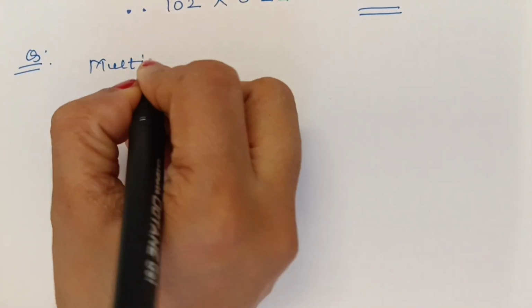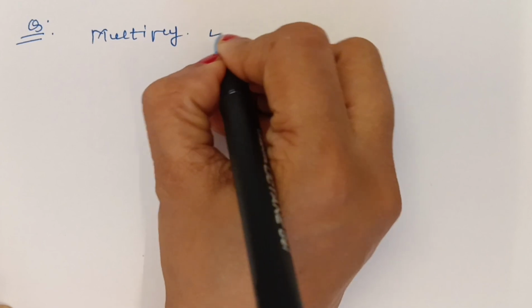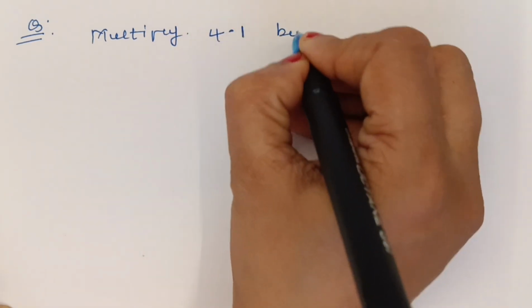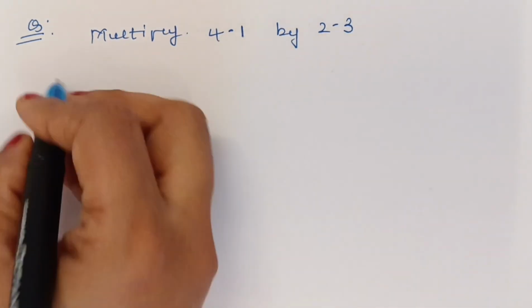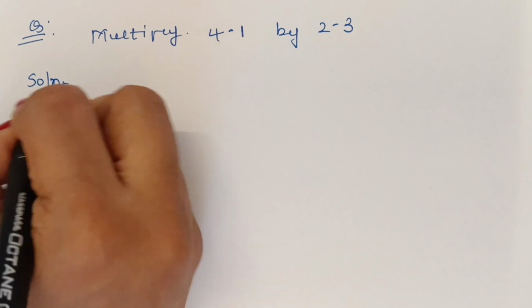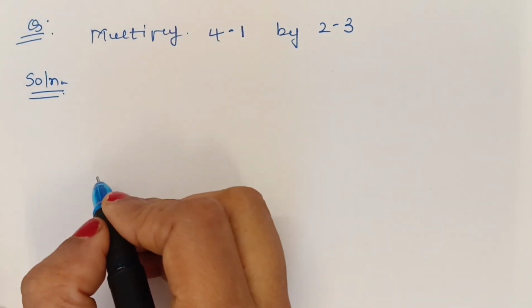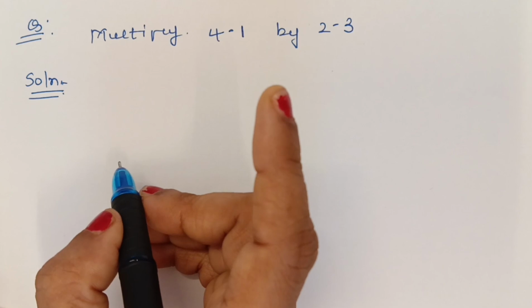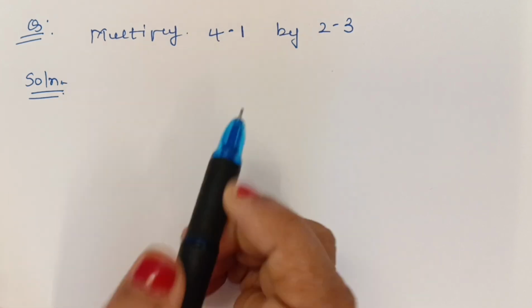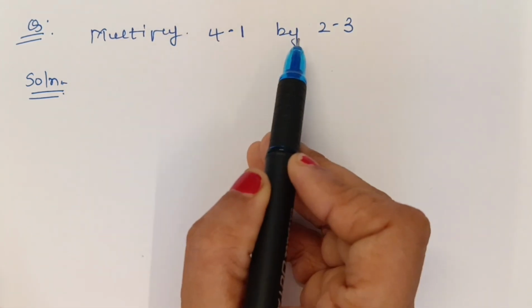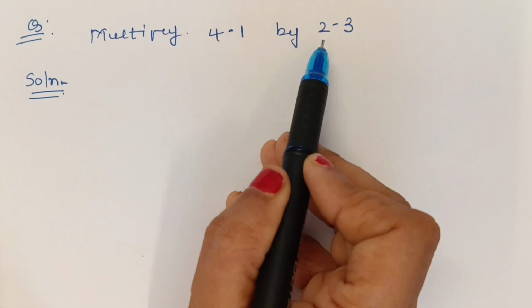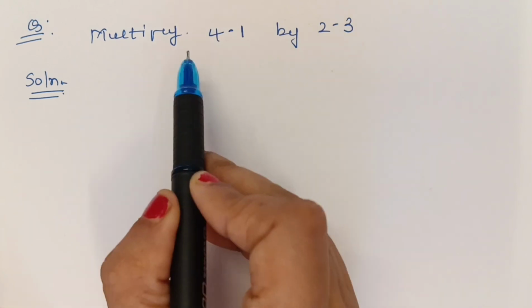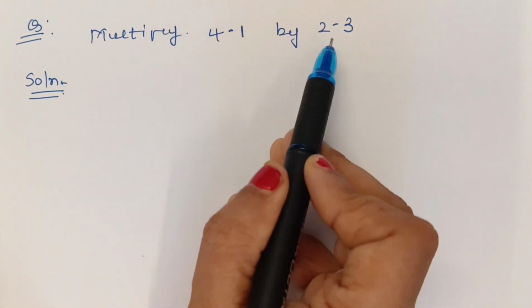Multiply 4.1 by 2.3. Very important. Now, step 1, I hope everyone understood. Forget about decimal points and just multiply it as a whole number. It means multiply the decimal numbers just like multiplying whole numbers, ignoring the decimal points.